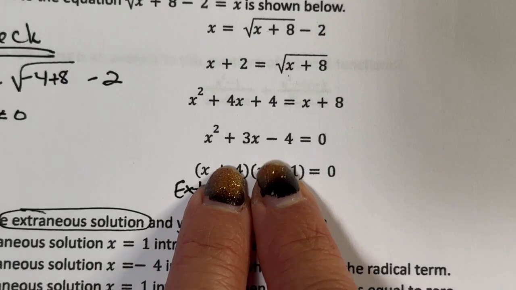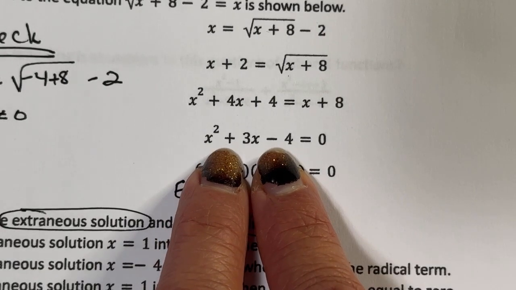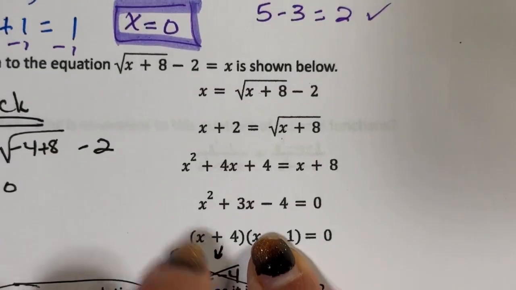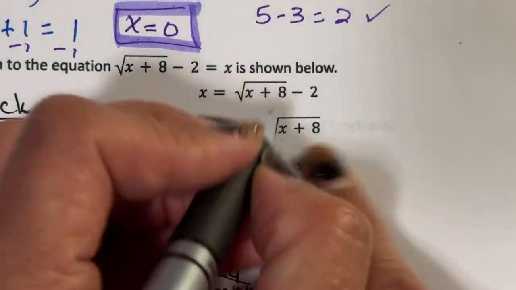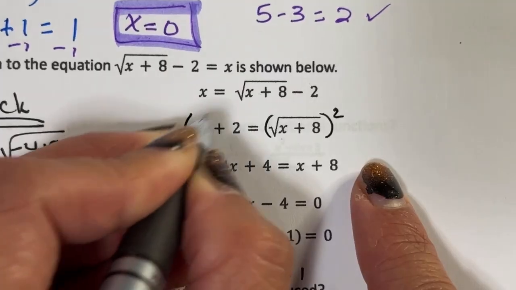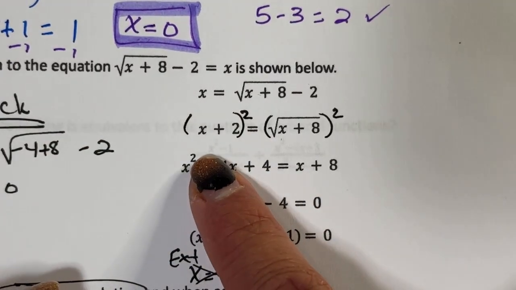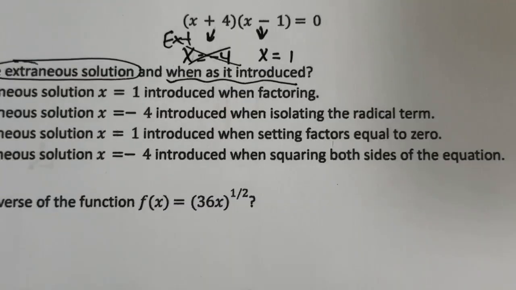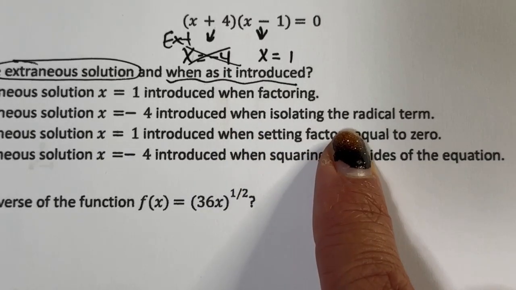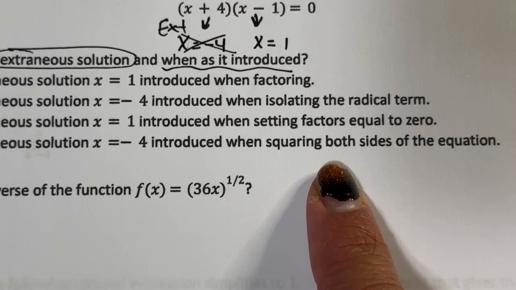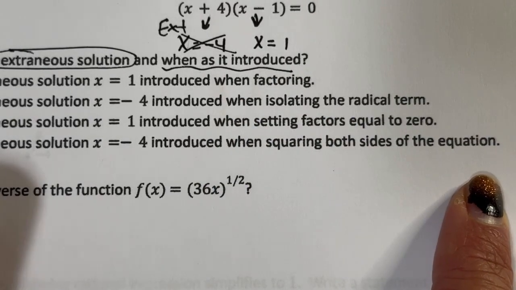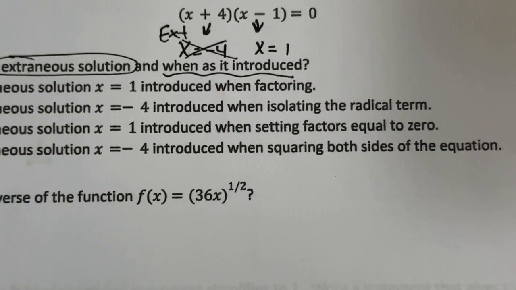We had 2 factors because we had an x squared, a quadratic. We had a quadratic because to get rid of that radical, we had to square both sides, and that's how we got the x squared. So, introduced when isolating the radical term? Nope. Introduced when squaring both sides of the equation? Yes. That is it. Letter D.